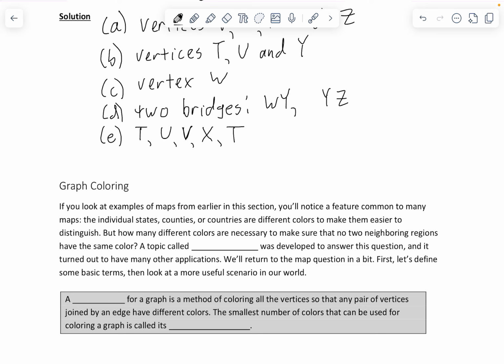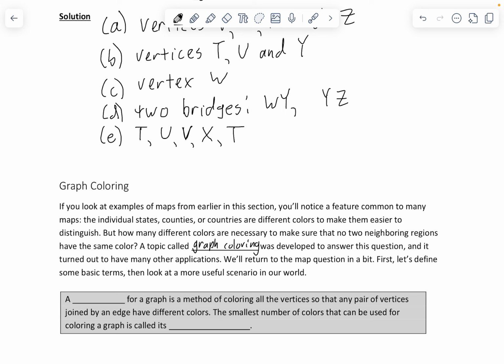This is a topic called graph coloring. It was developed to answer this question, and it turned out to have many other applications. We'll return to the map question in a bit.